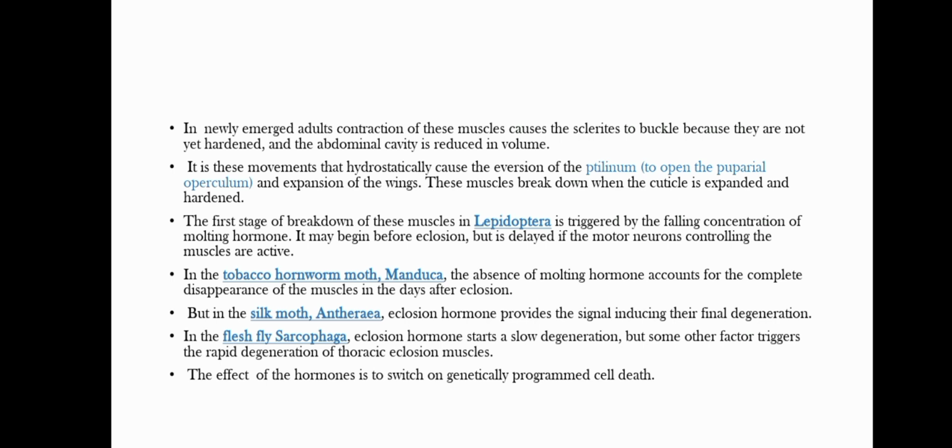In the flesh fly Sarcophaga, eclosion hormone starts a slow degeneration, but some other factor triggers the rapid degeneration of the thoracic eclosion muscles also. The effect of these hormones is to switch on genetically programmed cell death, that is, apoptosis.